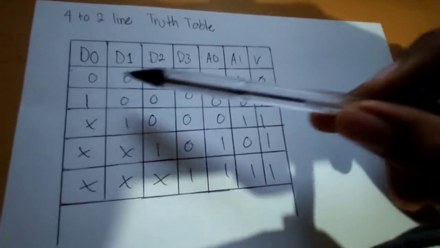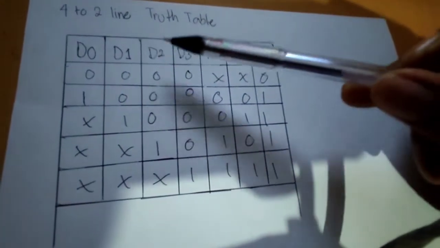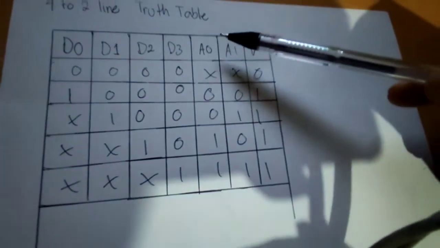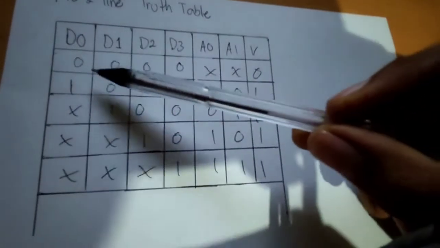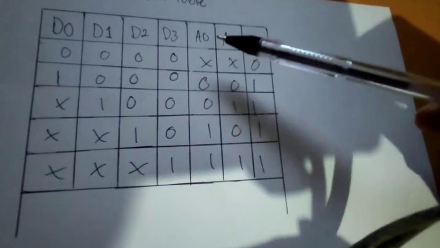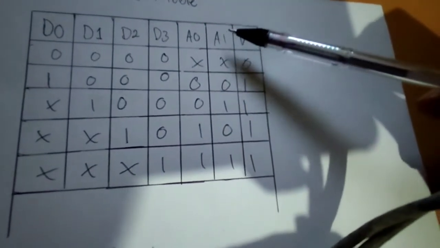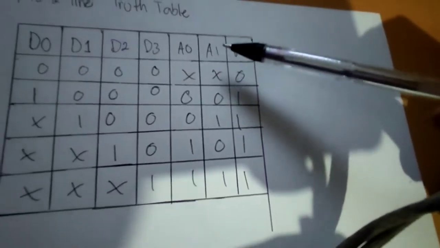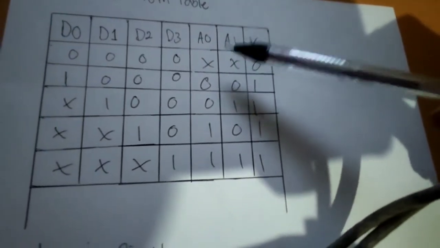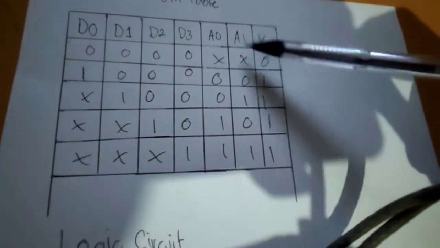We have inputs D0, D1, D2 and D3, and outputs A0, A1 and V. So in 0, 0, 0, 0, A0 and A1 are X, don't care, then V is 0.